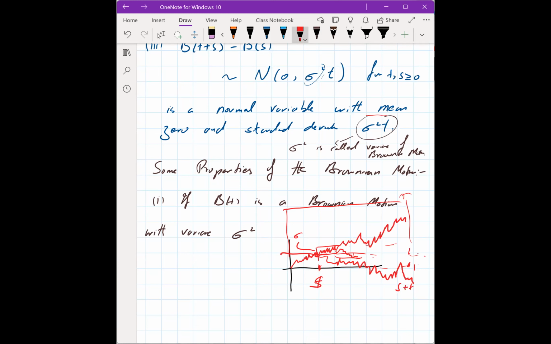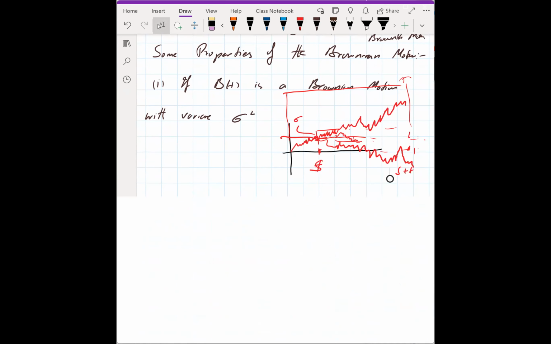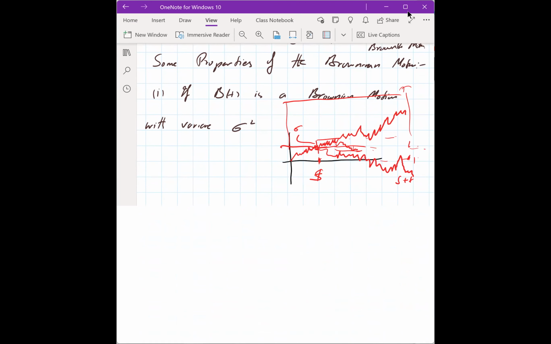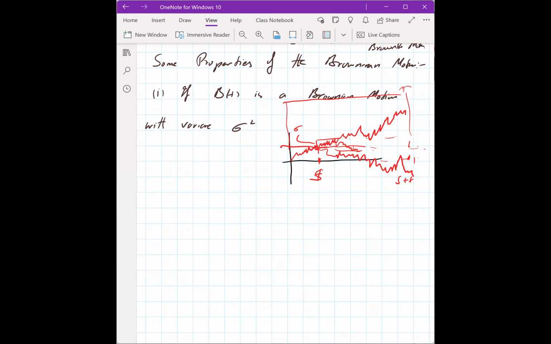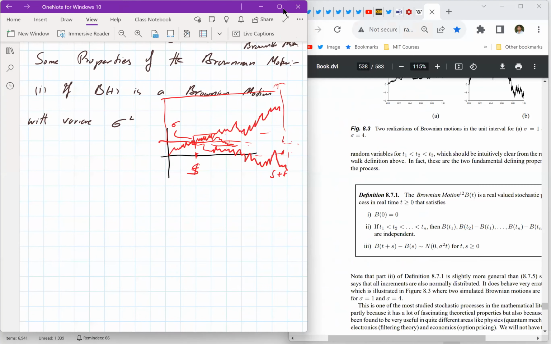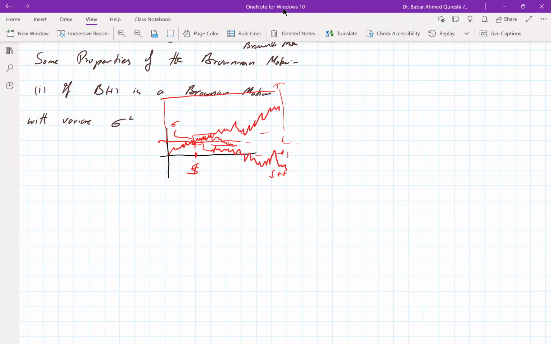But the inherent deviations in the motion are described by sigma square. Now for the properties, you can consider these properties. Let me write it again.